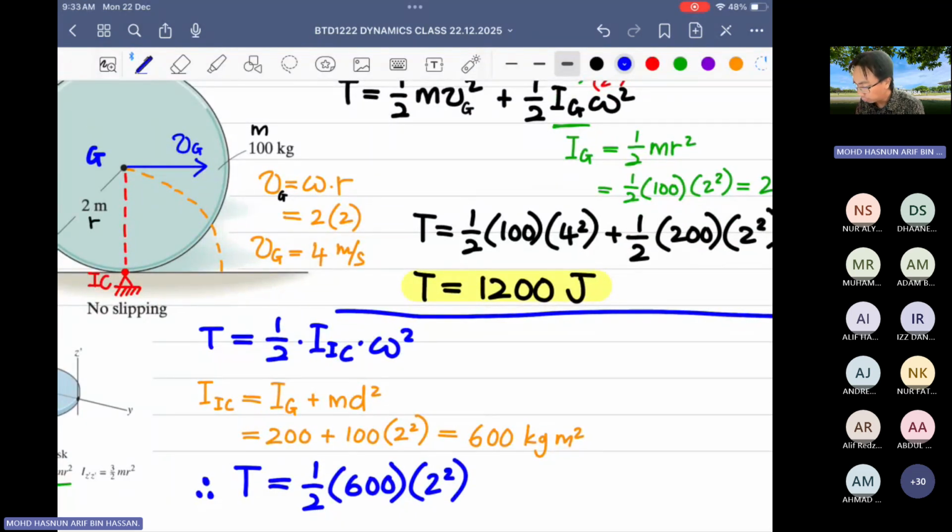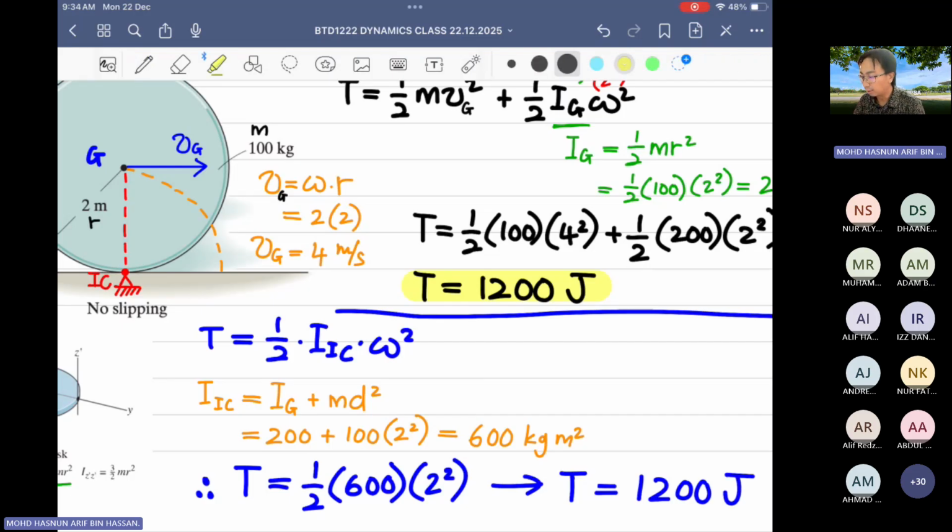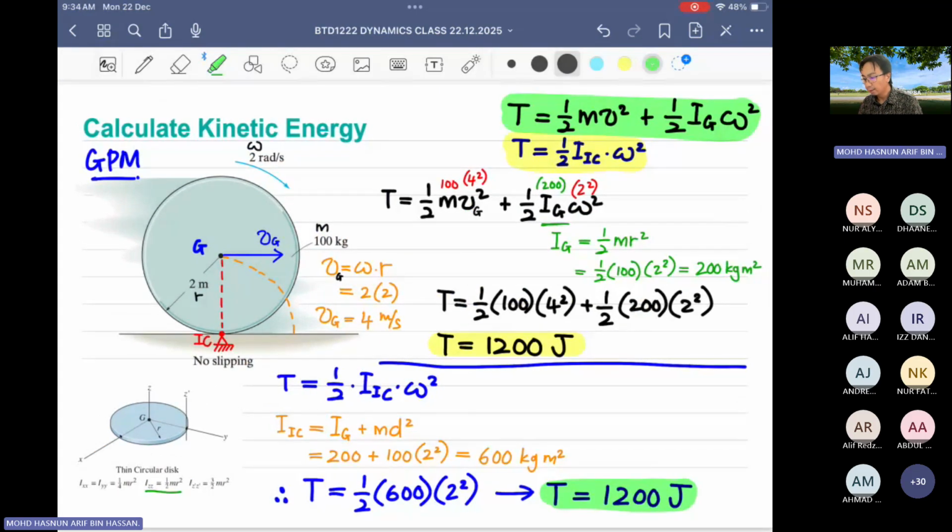Therefore, we will get the value of T is equal to 1,200 joule, the same answer as what we had before. So I've shown that using either one of the equations, you will still get the same answer.